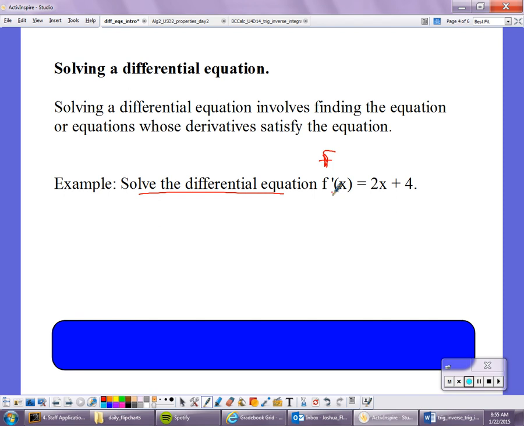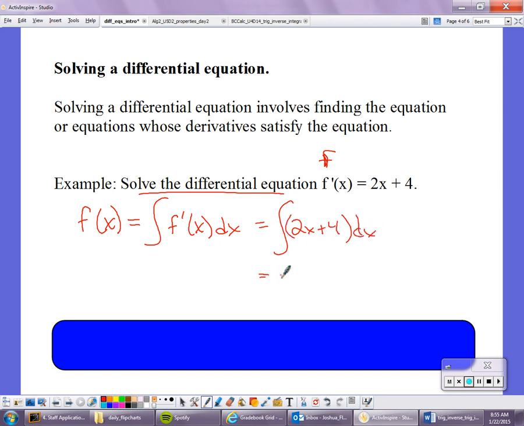Okay, so we know how to do this, right? We know that f of x is going to be the antiderivative or indefinite integral of f prime of x dx. So it's going to be the antiderivative or indefinite integral of 2x plus 4 dx.